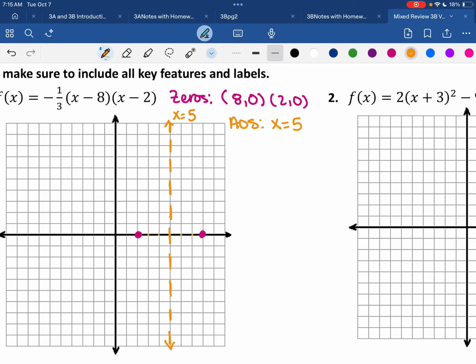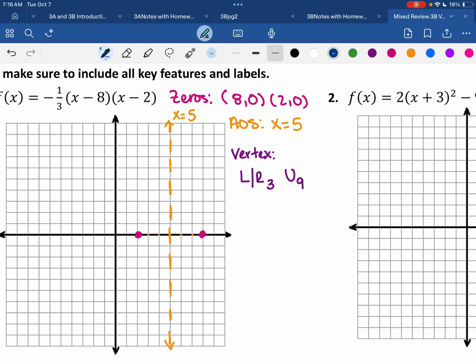And then I'm going to find my vertex. I know my vertex is equidistant on both sides from these points, so I'm going to write left and right 3. If I square 3, I know that's 9.